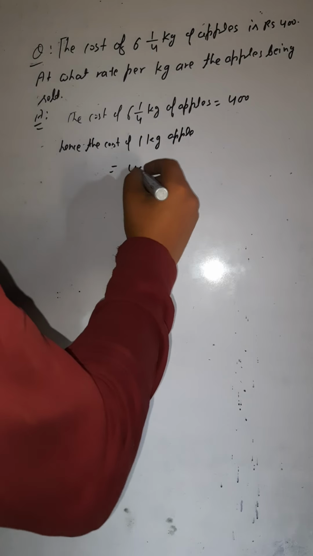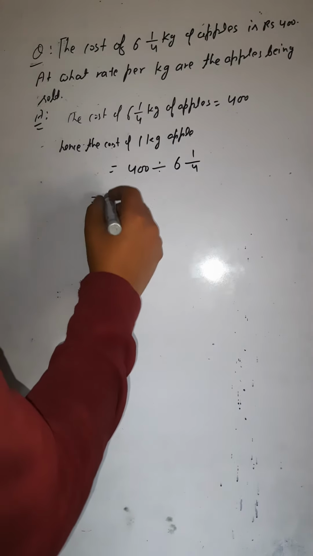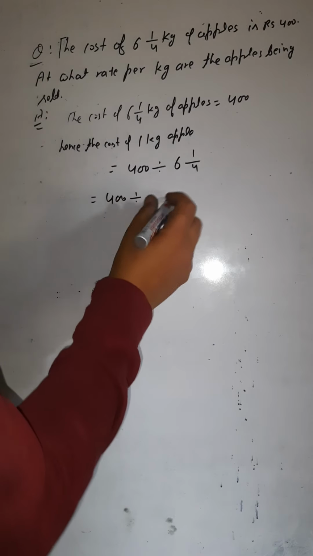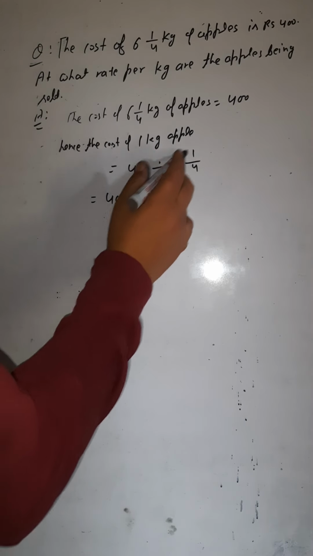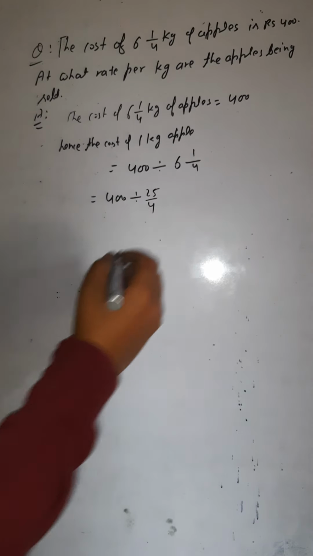You would divide this 400 by the given cost. That is 6 whole 1 by 4. Just divide it. Simplify first. 6 4s are 24. 24 plus 1 would be 25 by 4.